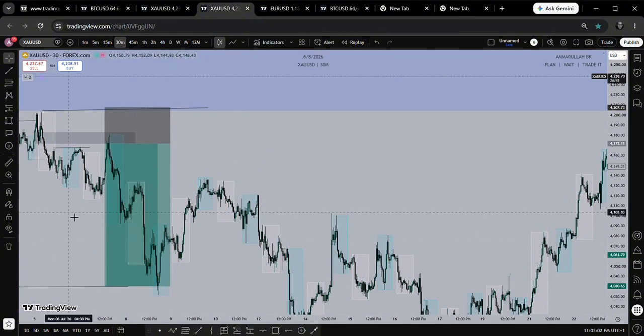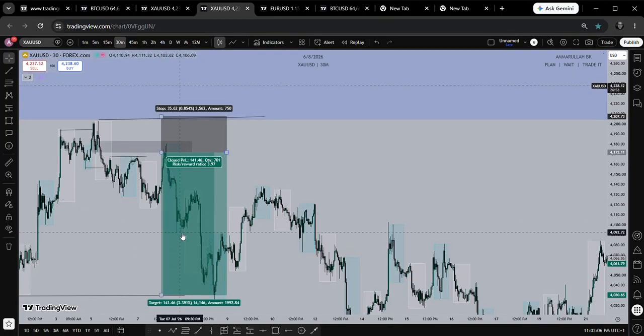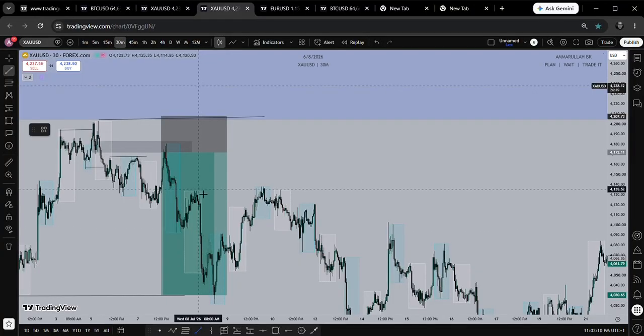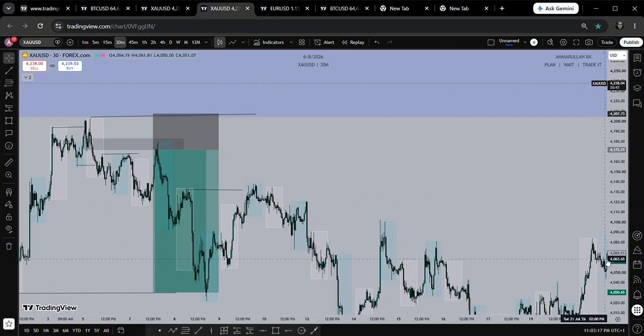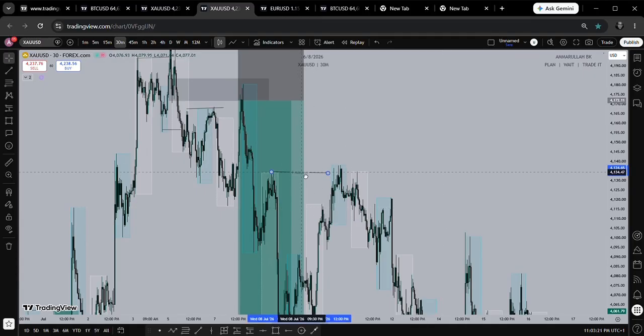First, we had this break. After this break, the first retracement is an inducement, as you all know. It is this particular level. So anything that will go above it is a liquidity sweep. It will sweep out the inducement level.